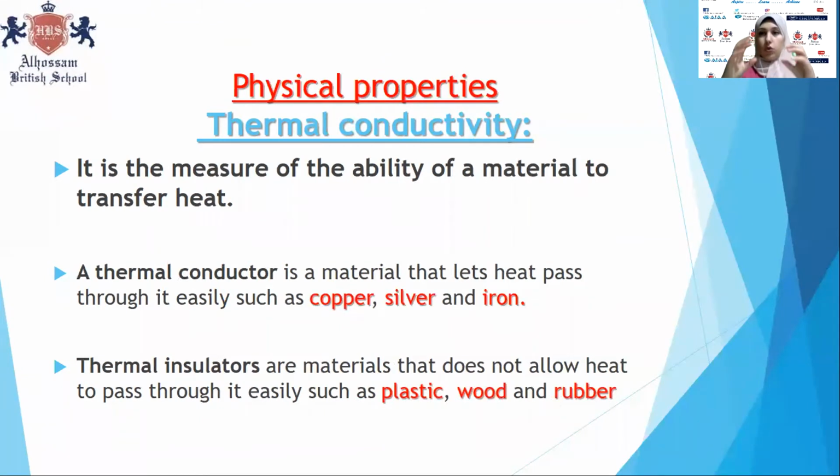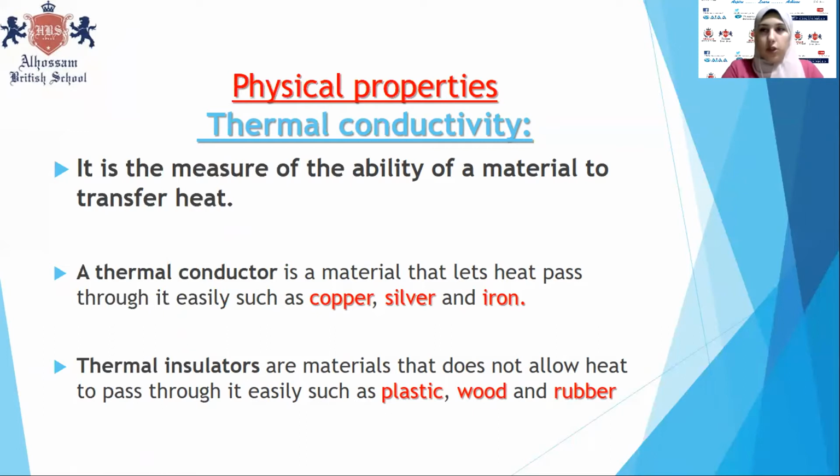There are two types of materials. Thermal conductors either transfer or not, right? It transfers, so it's called what? Thermal conductor. But if it's not transferring, it's called thermal insulator. Excellent. Okay.